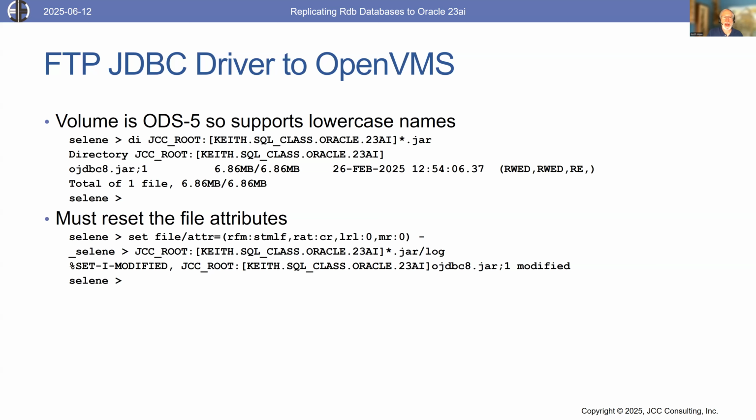I then have to reset the file attributes with this SET FILE /ATTRIBUTE= command. At one point, I looked up what all these values were for the attribute and have long since forgotten it, but this is a critical string because without this SET FILE /ATTRIBUTE, you won't be able to use the jar file. It won't be readable from Java on OpenVMS.